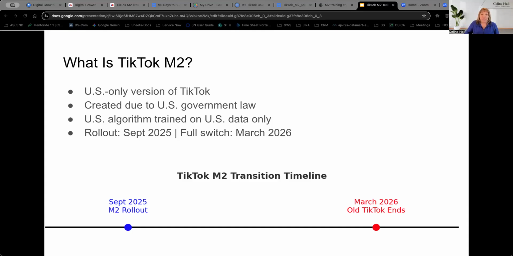That means it's shutting down and you will no longer be able to use it. So that means that anyone not already adapted to the M2 version of TikTok risks losing all their visibility in the US market. So this is really important for you to know. You've got to stay ahead of the curve.